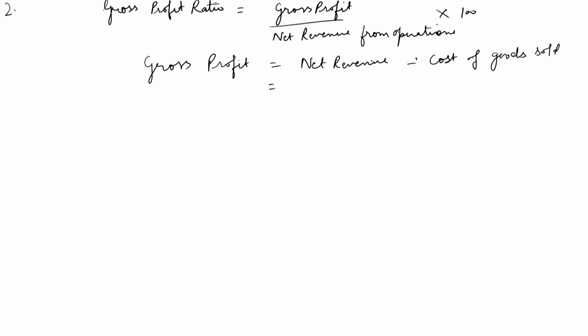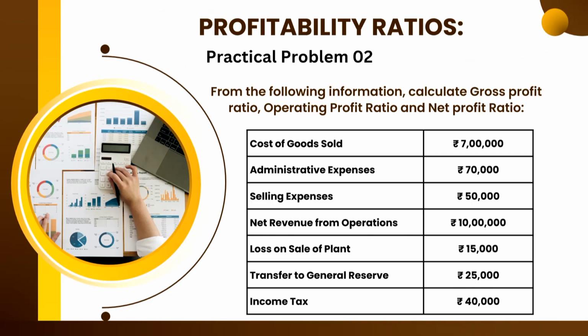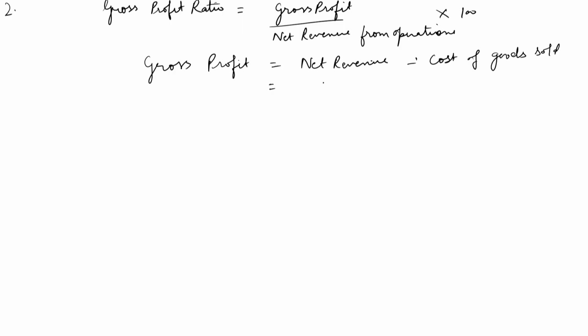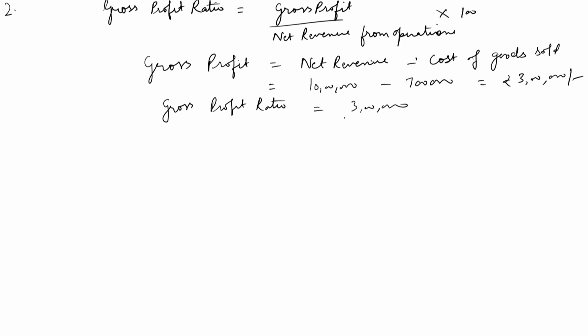Net revenue from operations as given in the question is 10 lakh rupees and the cost of goods sold is 7 lakh. So the gross profit is rupees 3 lakhs. And the gross profit ratio will be 3 lakh upon net revenue 10 lakh, which comes to 30%.